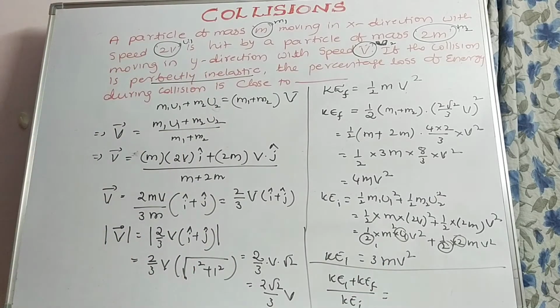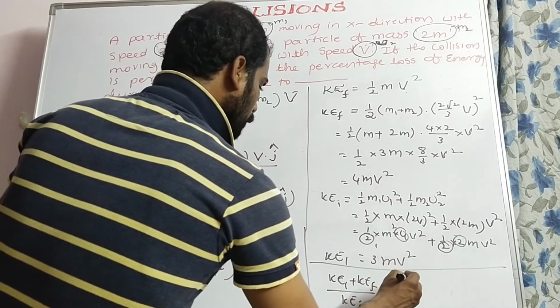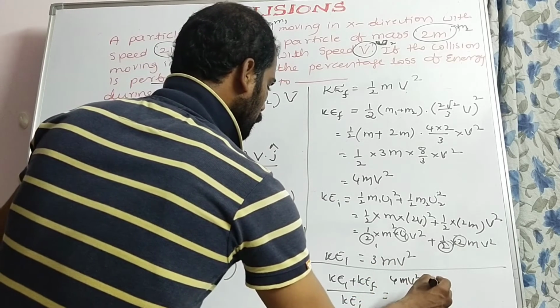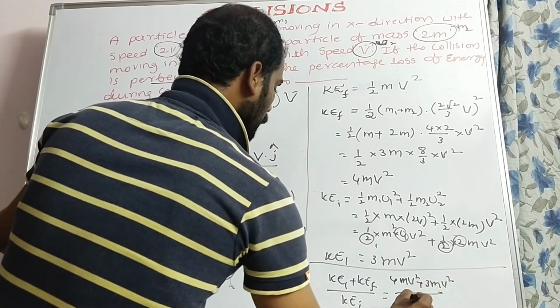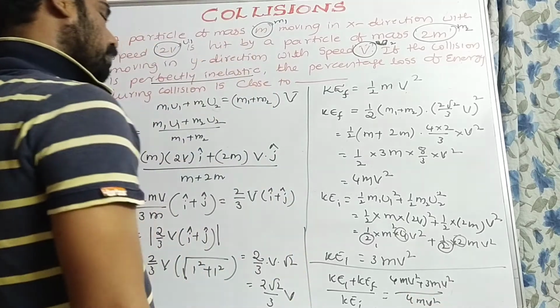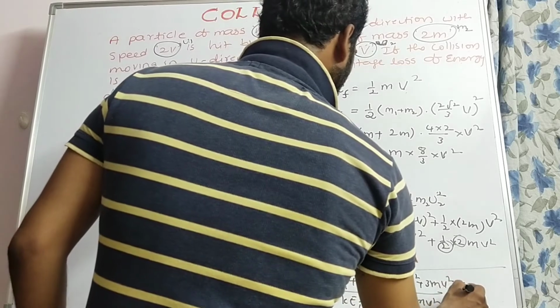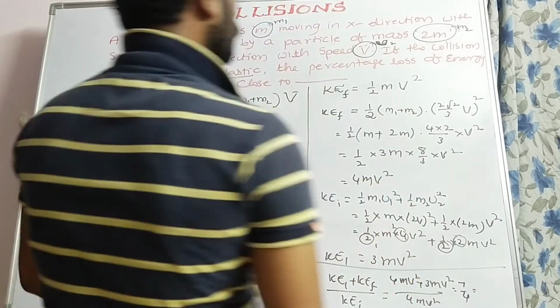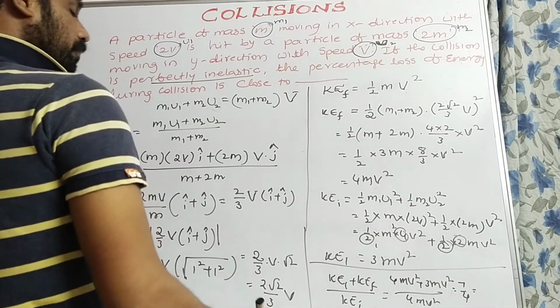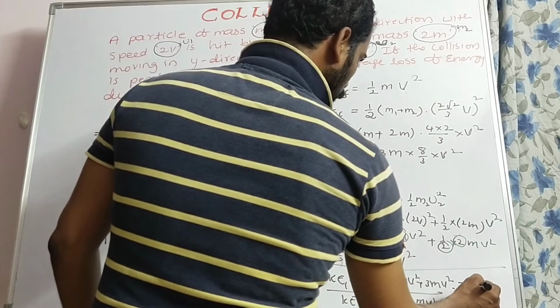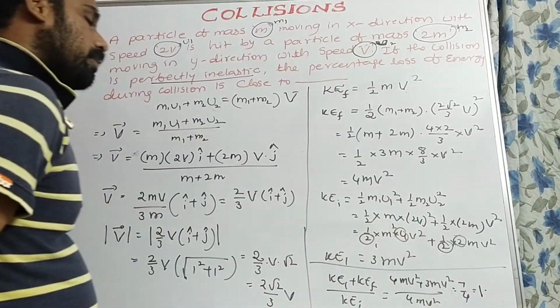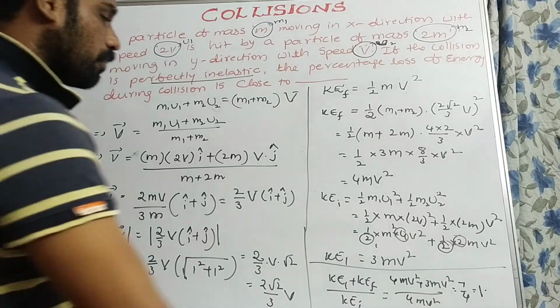Here we have 4m v square, no? 4m v square plus 3m v square by 4m v square. So m v square gets cancelled. That is 7 by 4. 4 ones 4, 4 sevens.